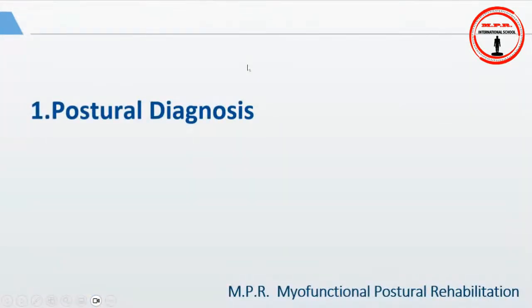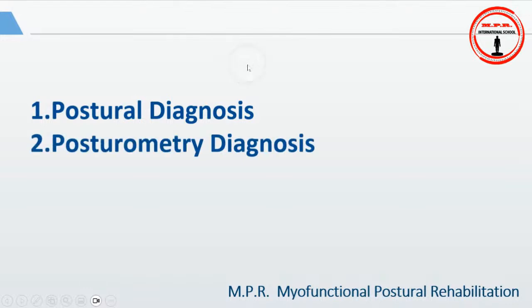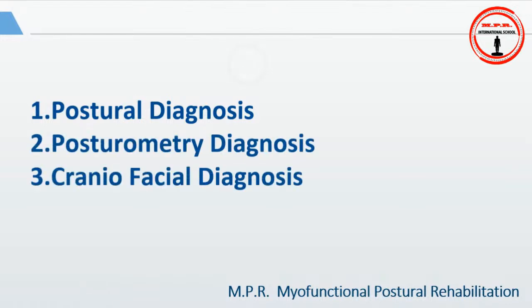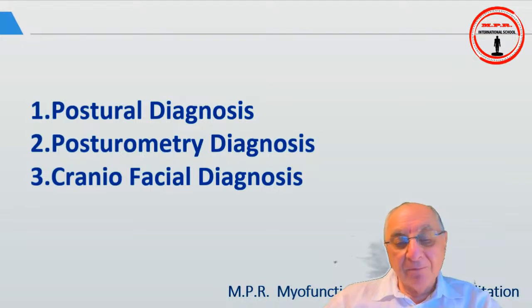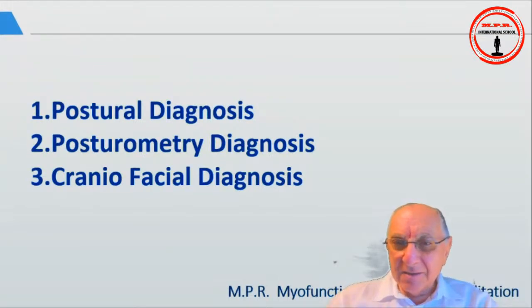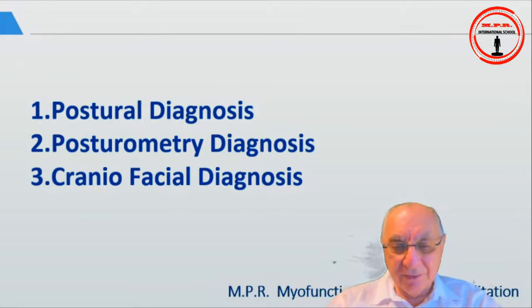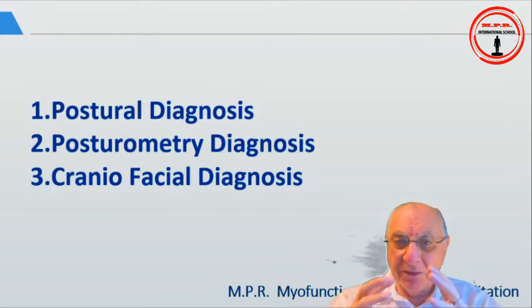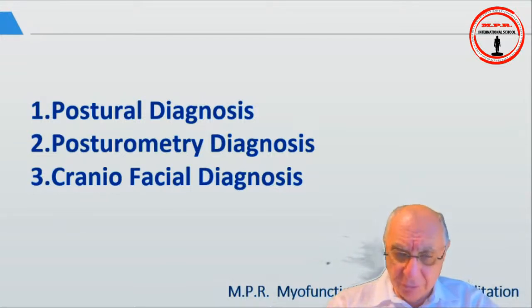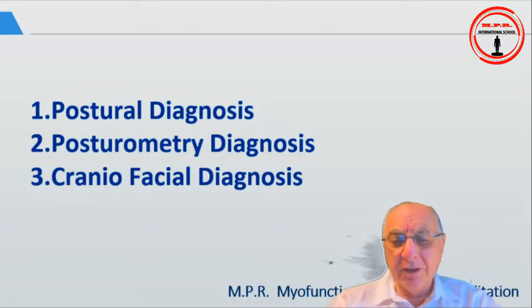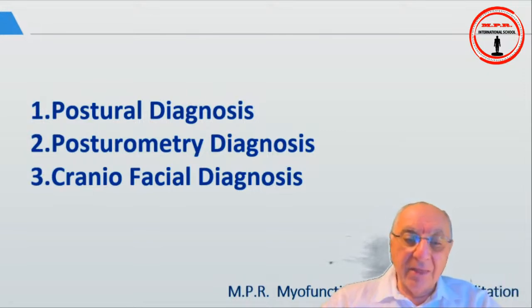We normally do the postural diagnosis, the posturometry diagnosis, and the craniofacial diagnosis. What do they mean? We do three diagnoses: local, that is the craniofacial diagnosis; the posturometry diagnosis, which measures with the posturometer so we can measure the posture, see how our treatment is working, and make a very good diagnosis; and obviously the postural diagnosis.